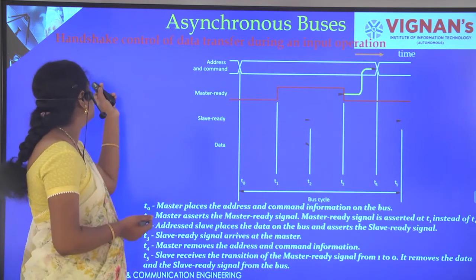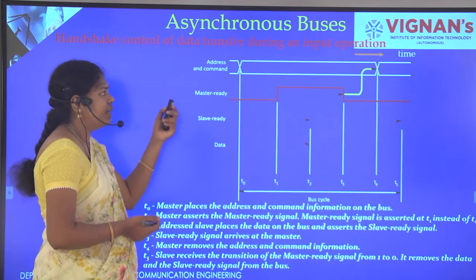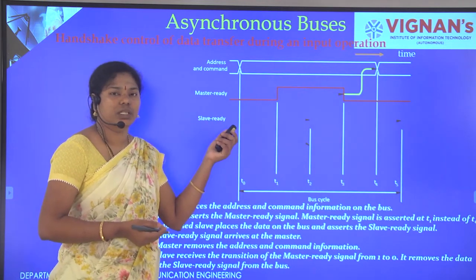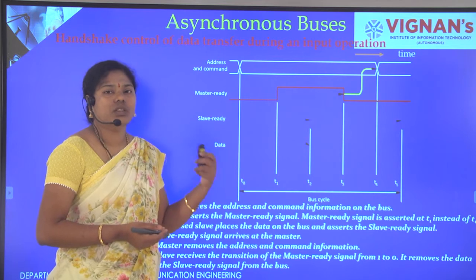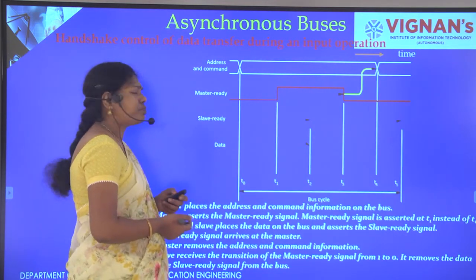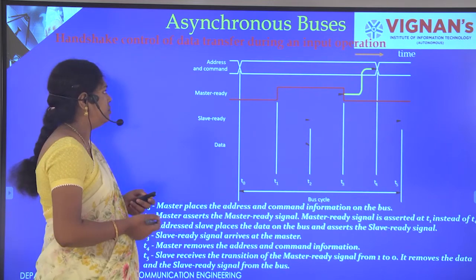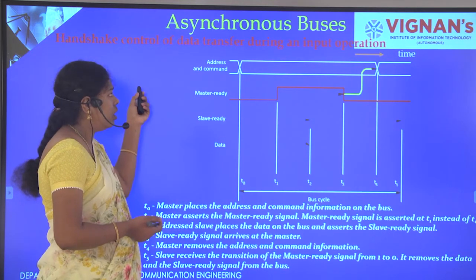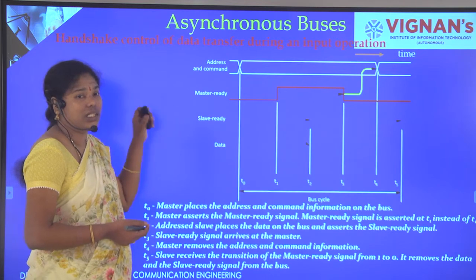The same operation we are considering, that is the input operation. Input operation is nothing but read operation. The processor reads the data from the external devices. Okay, here we are using handshaking signals.